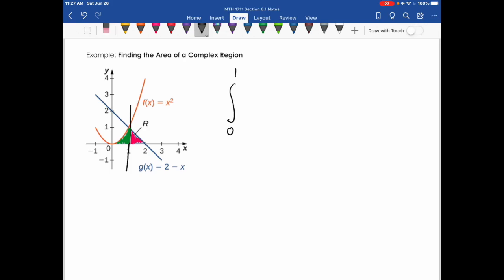But since we're trying to find the green region, which is strictly below x squared, bounded by the x-axis, I'm just finding the integral from 0 to 1 of x squared dx. So I'm going to label this as the first area in green.